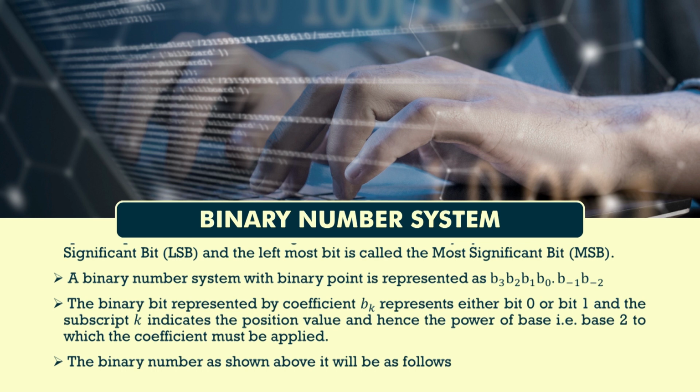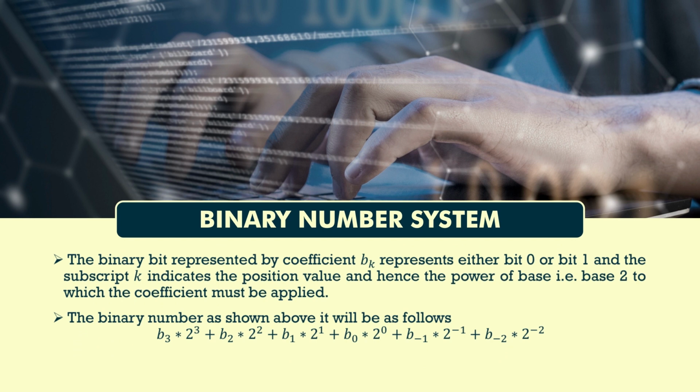The binary bit represented by coefficient Bk represents either bit 0 or bit 1, and the subscript k indicates the position value and hence the power of base, that is base 2, to which the coefficient must be applied. So, we have an example here, the binary numbers as shown.